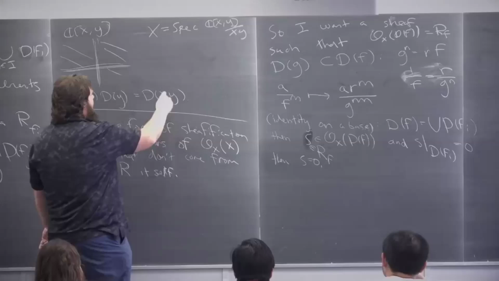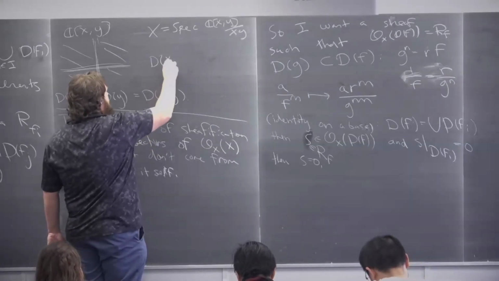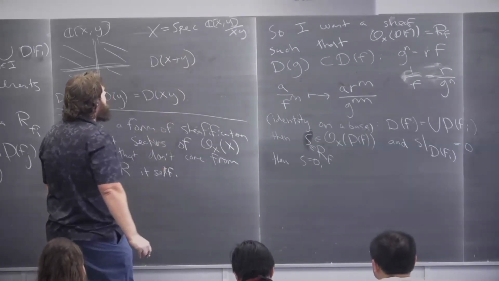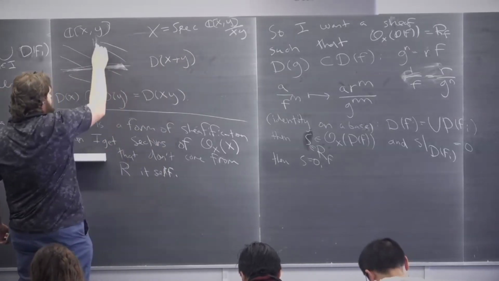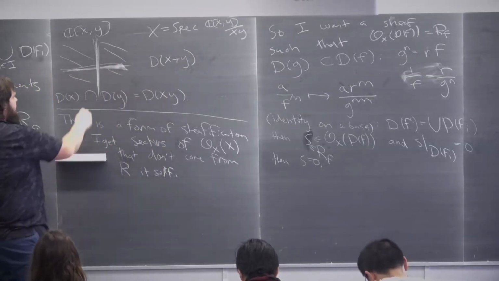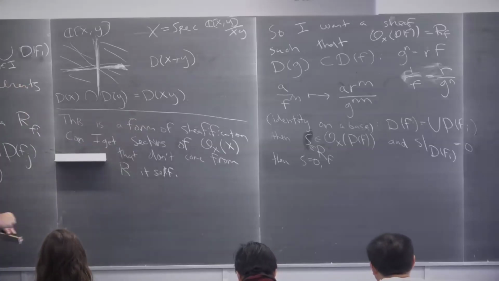And I can look at D of X plus Y. Where's that 0 on here? So now I'm just taking these coordinate axes. If I remove where X plus Y is 0, I remove the origin.